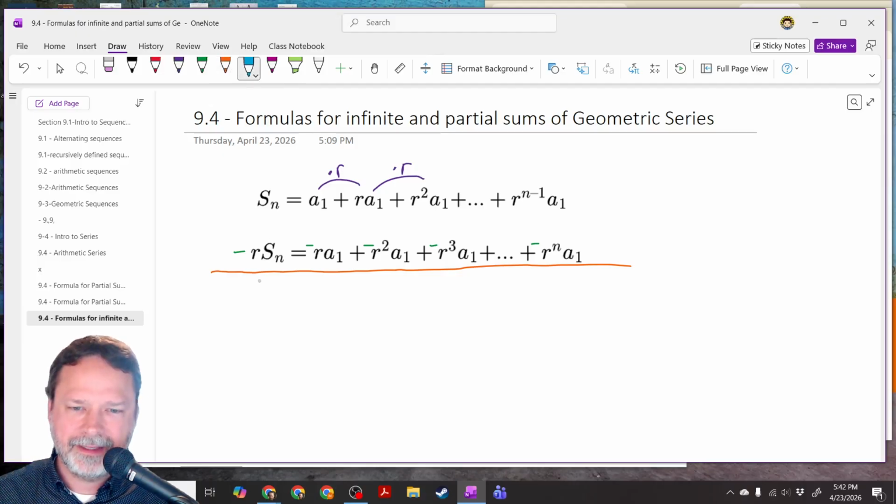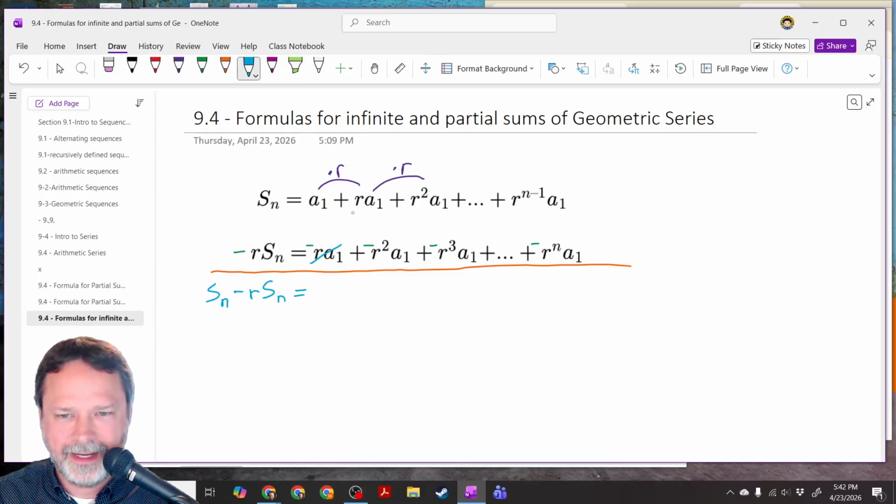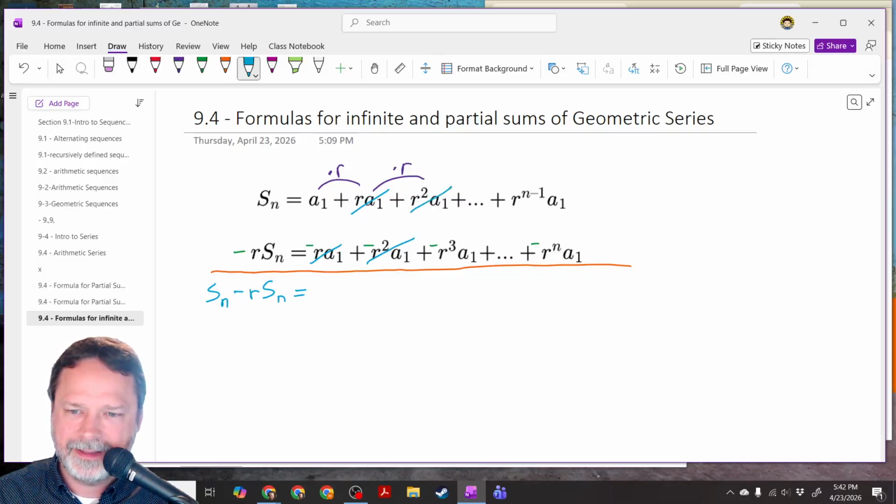All right, so check this out. Of course, on the left, we're going to get S sub n minus r times S sub n. And that's going to equal, well, let's see. Negative r times a sub 1 is going to cancel with r times a sub 1. Negative r squared times a sub 1 is going to cancel with positive r squared times a sub 1, and so on and so forth.